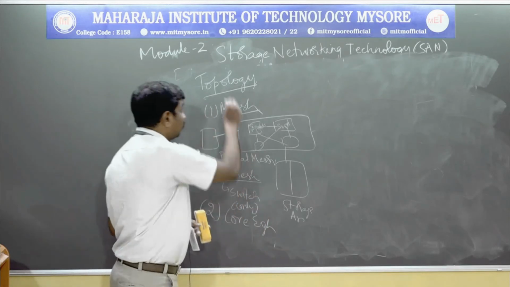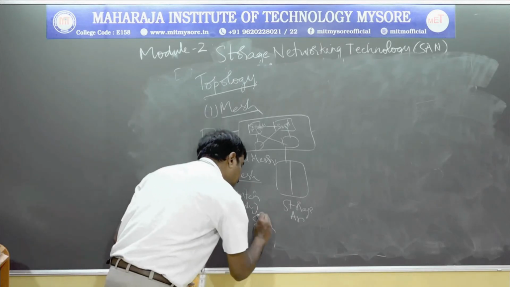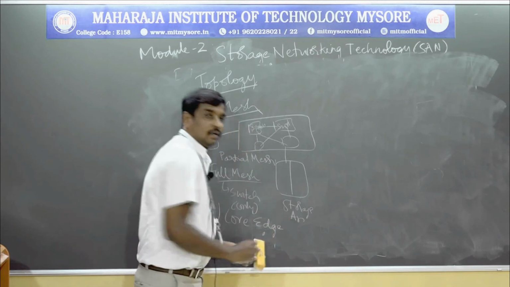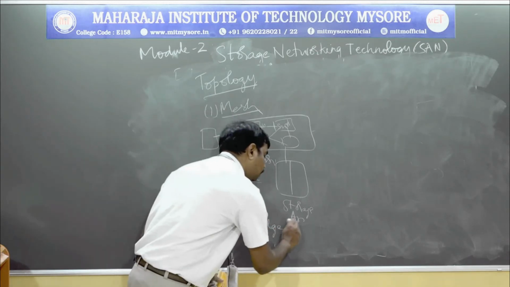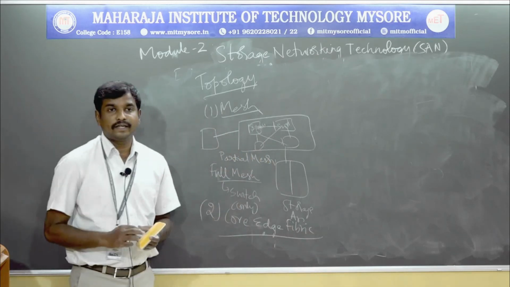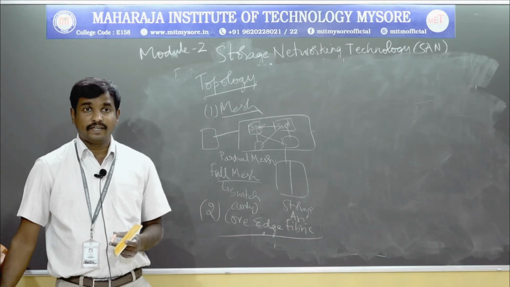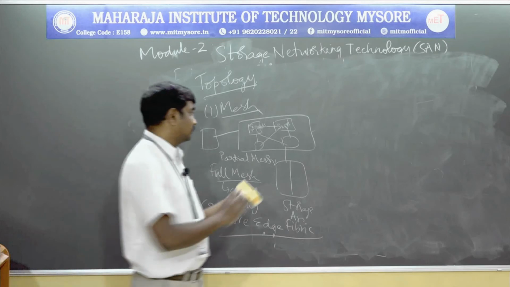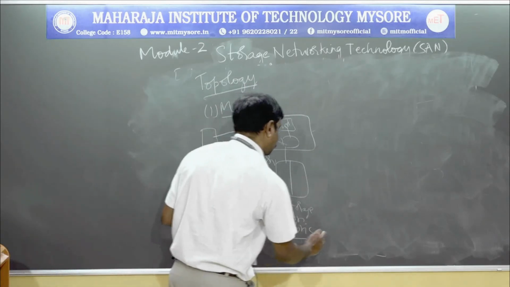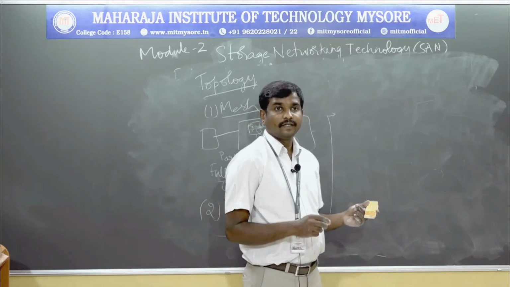The second type is core edge fibers, core edge types of connections. In the core edge type of connection, two-tiered switch connections are used. In the mesh type we are connecting with switches, while in the core edge type we are using two-tiered switches.